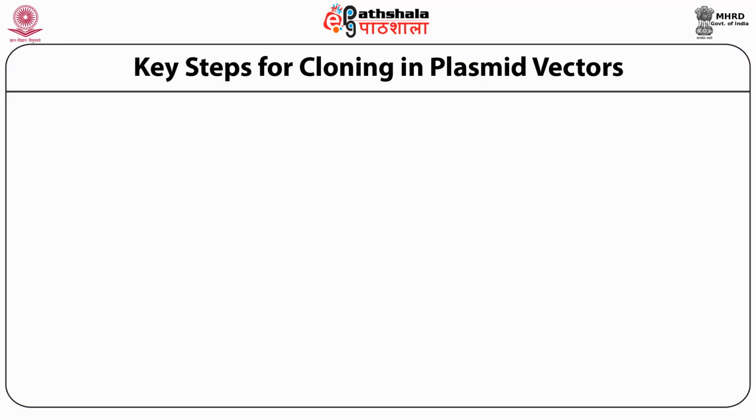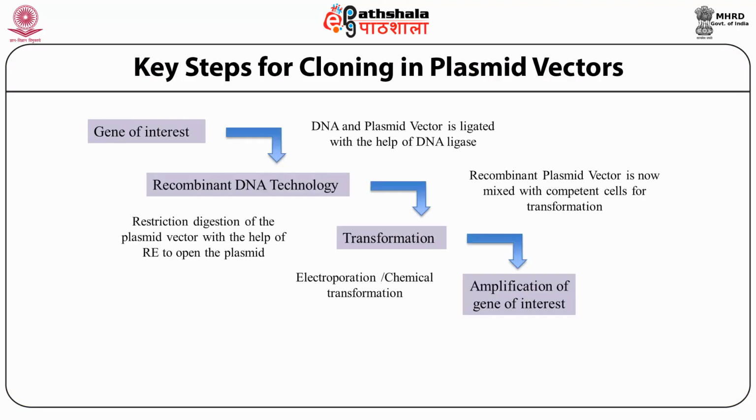Key steps for cloning in plasmid vectors. First we need the foreign DNA or gene of interest. Then a cloning vector. The gene of interest can be ligated into the cloning vector when the cloning vector and the gene of interest are digested with the same restriction enzyme.